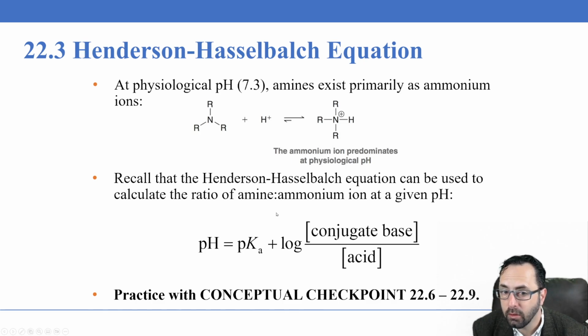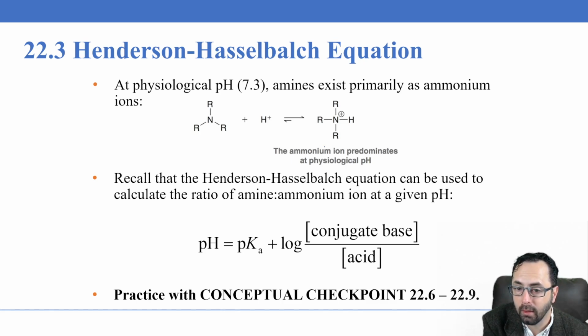Now, at physiological pH, which is around 7.3, amines are going to exist primarily in their ammonium ion form. So pH 7.3 is acidic enough to protonate. If we look at the pKa here, the pKa was around 10, right?